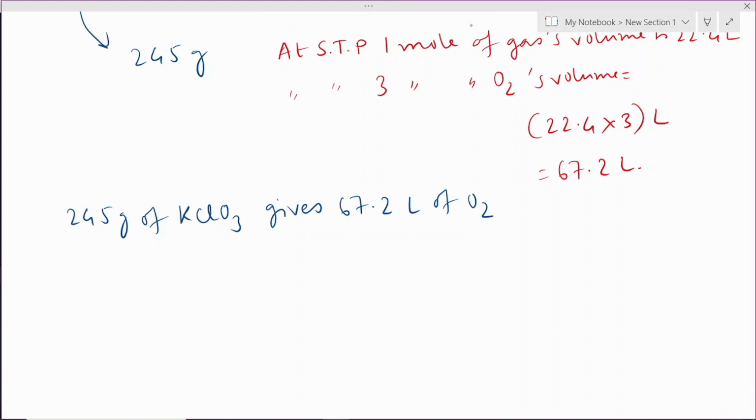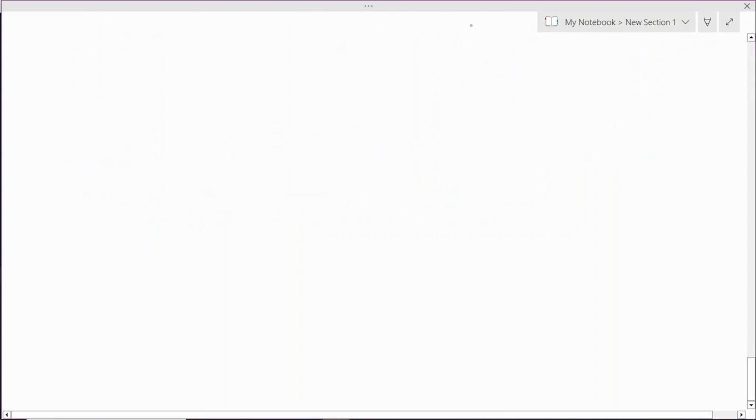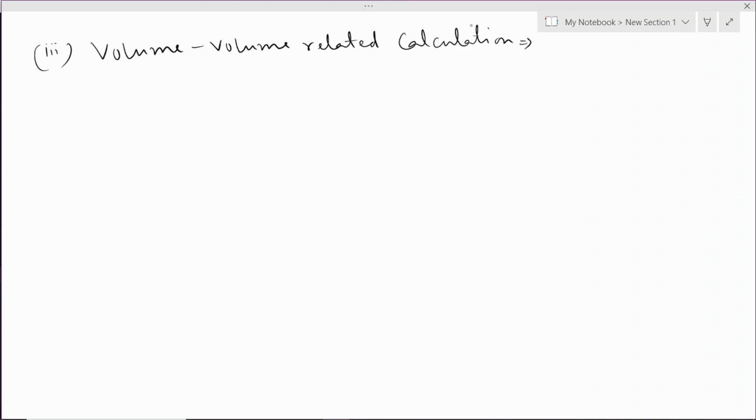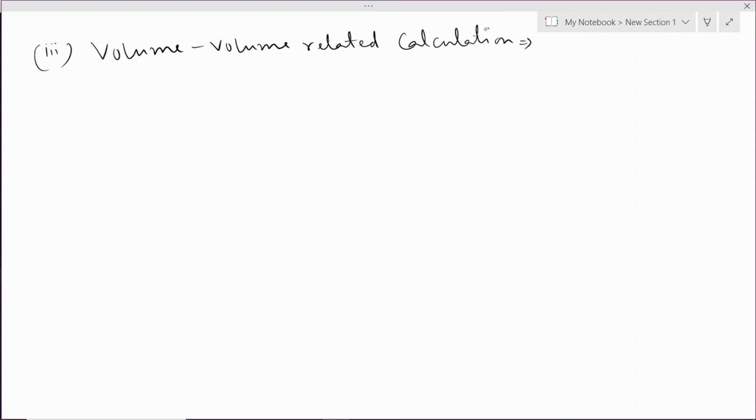Next, we will discuss volume related calculations. For this type of calculation, reactants and products should all be in gaseous state. We will understand by an example. Suppose this reaction is taken.